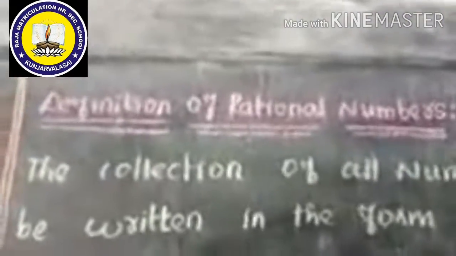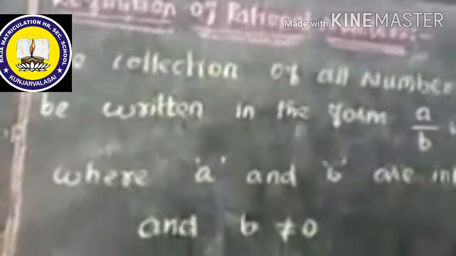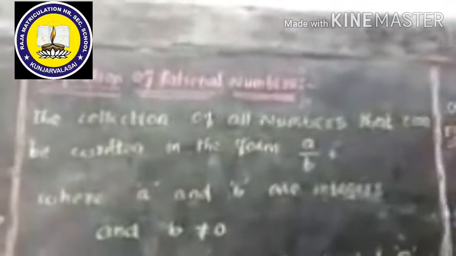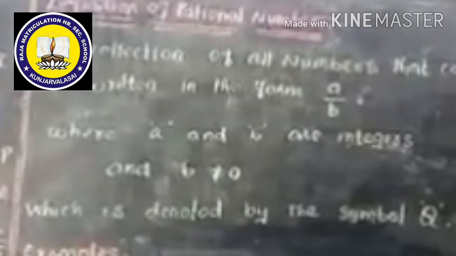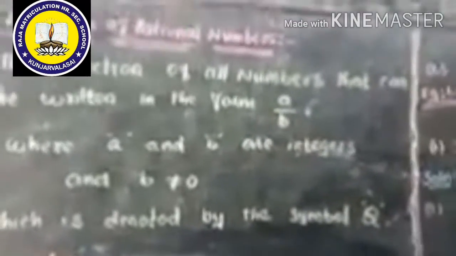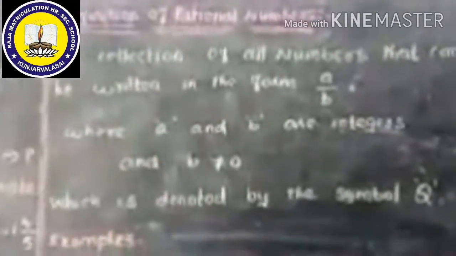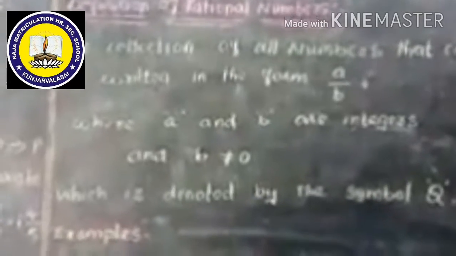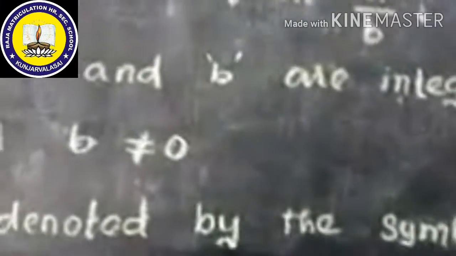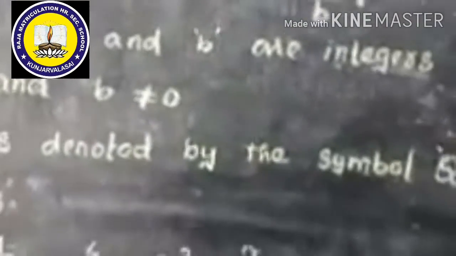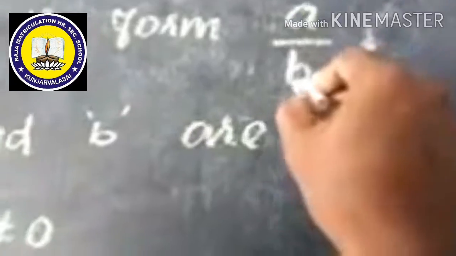Now what is the definition of a rational number? The collection of all numbers that can be written in the form of a by b, where a and b are integers.